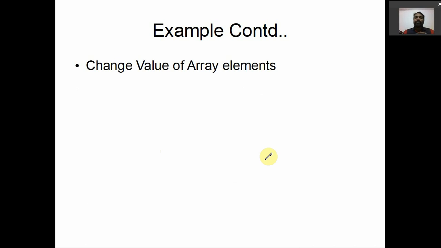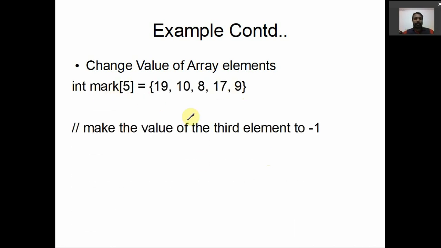Next, how to change the value of array elements. If you want to change the value of array elements, you can simply specify it. So this is the array, and if you want to change the value of the third element to minus 1, you can simply specify that the third element is mark of 2.